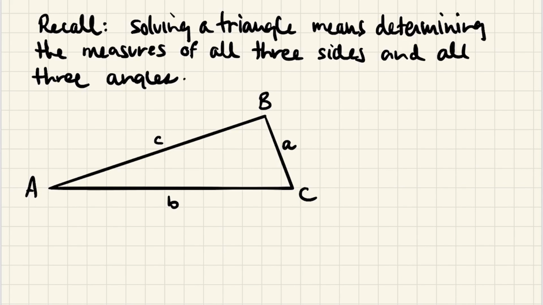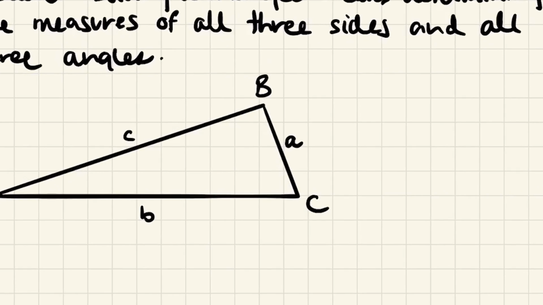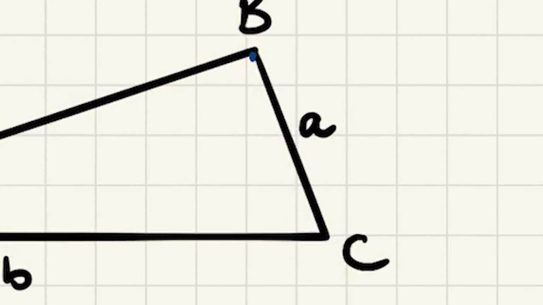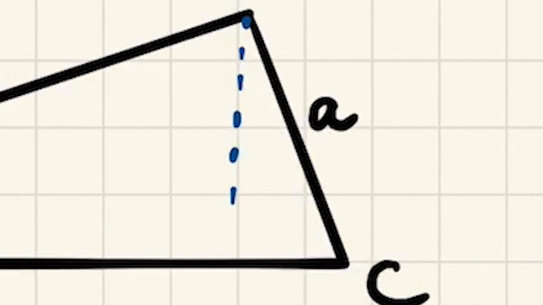Okay. Now, of course, what we want is a formula to relate all these sides and angles here, but we do not have a right angle, so we can't just directly appeal to SOHCAHTOA trigonometry as we've been using it. The way to fix that is by drawing a vertical line here, which is called an altitude.